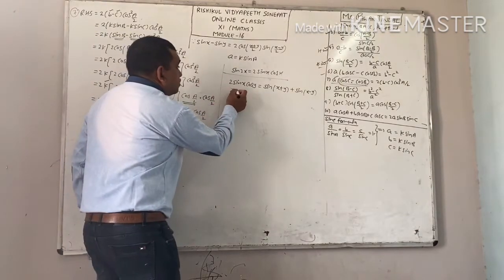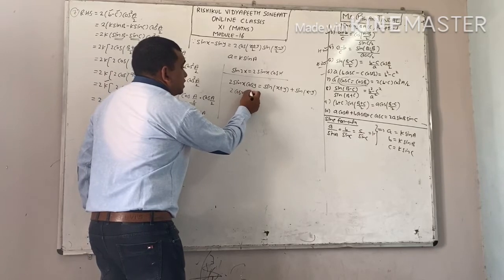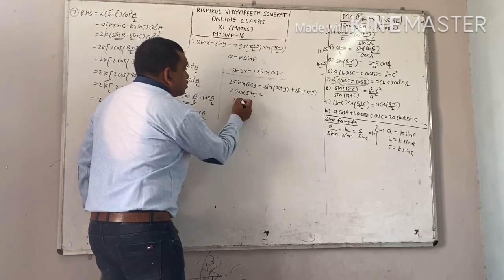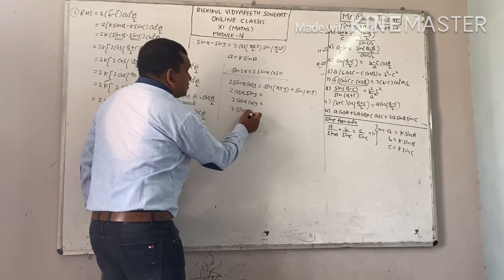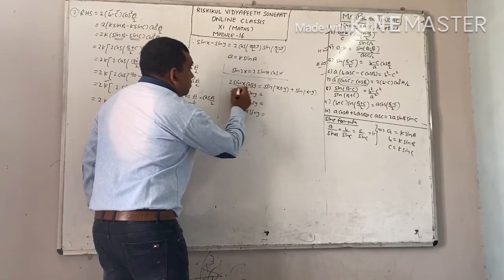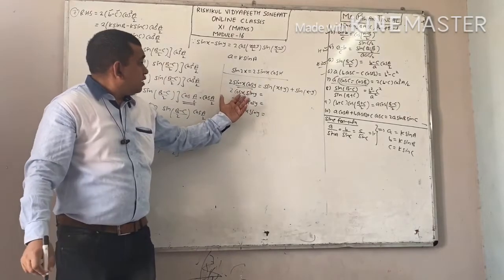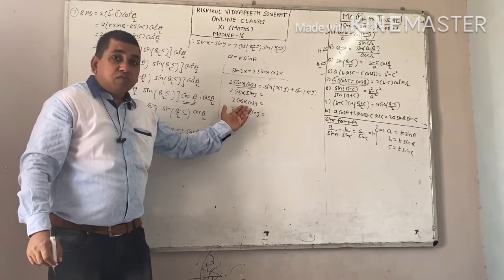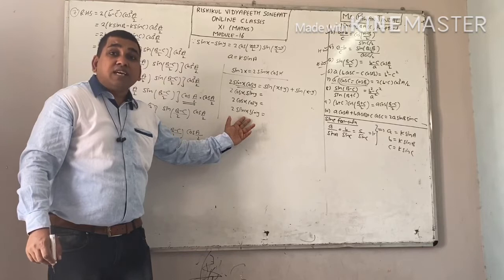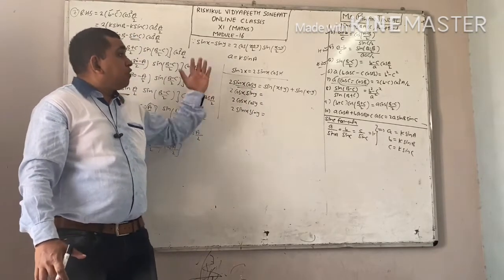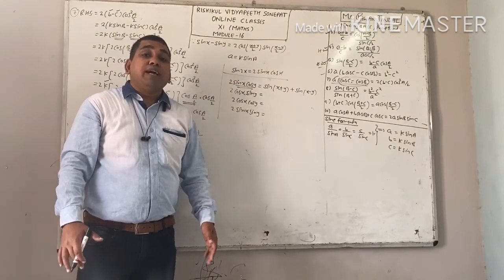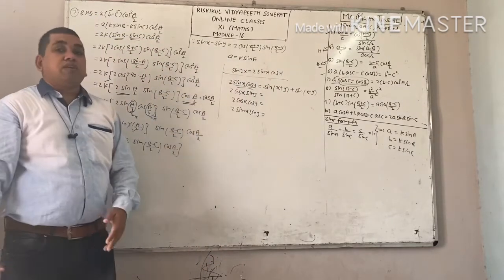There are many more formulas of this type: 2 cos x sin y, 2 cos x cos y, 2 sin x sin y. Here you can observe one term is sine, one term is cos. Here similar. Here two terms are cos, here two terms are sine. When terms of sine and cos are in product and you require the answer in plus or in minus, then we apply these four formulas.